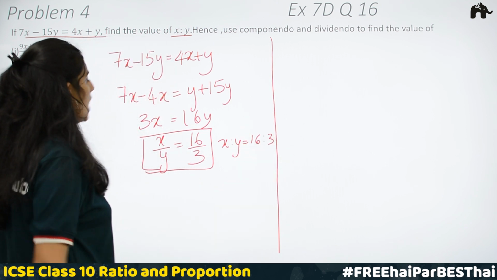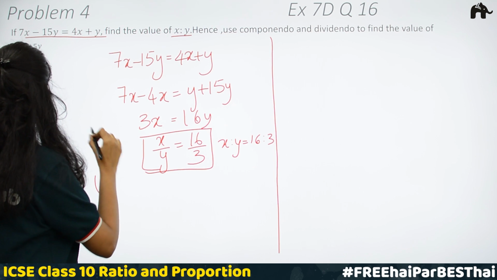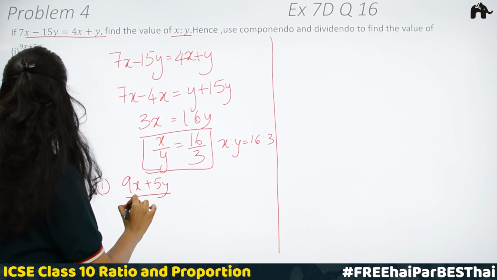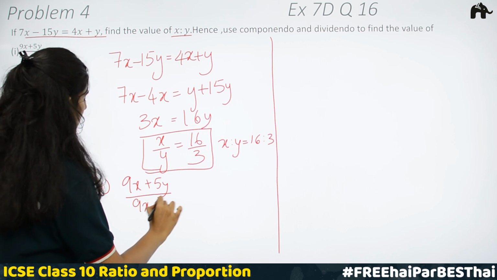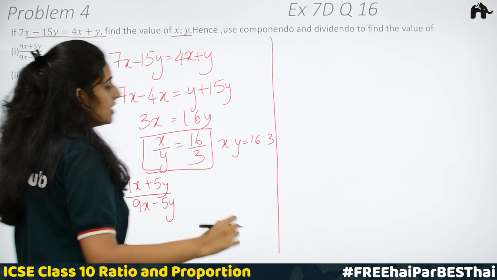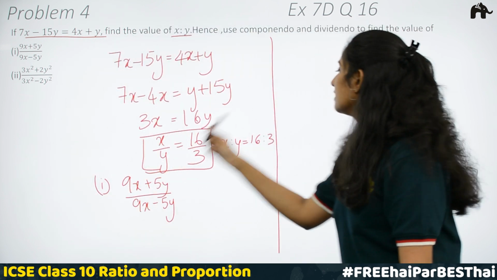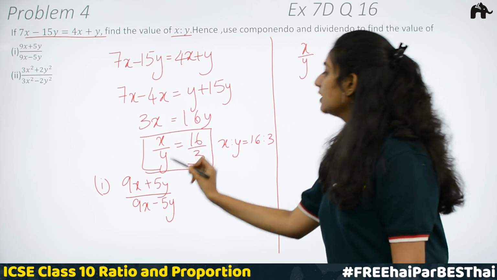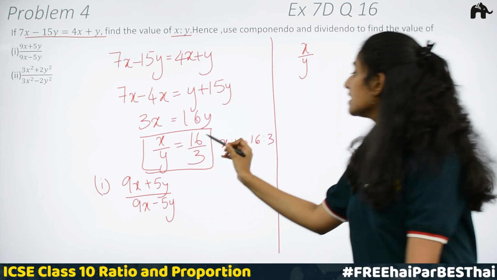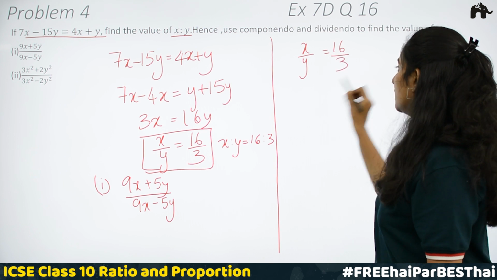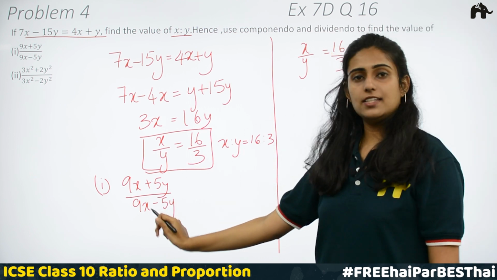Now in the first question we need to find the value of 9x plus 5y divided by 9x minus 5y. Take the given thing, that is x by y. We have found that x by y is equal to 16 divided by 3. Using this, we are going to find this value.